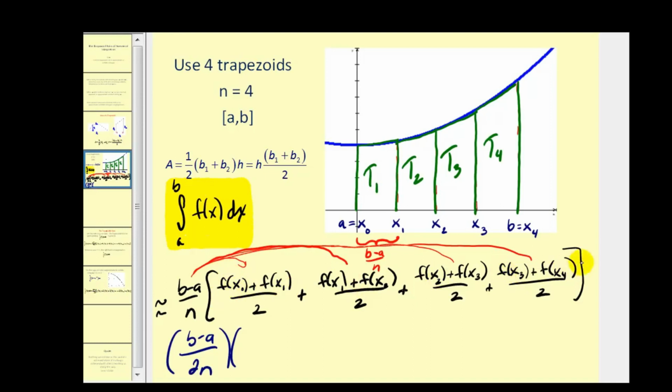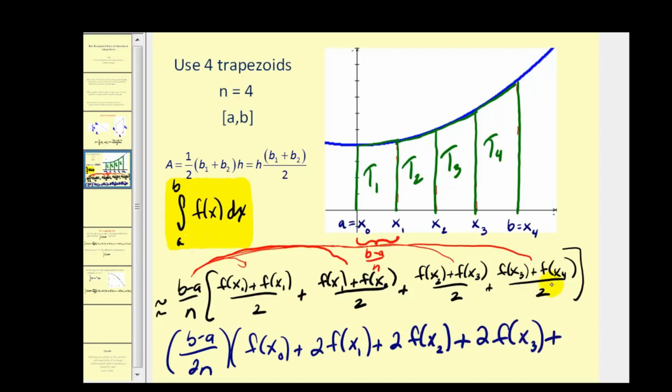So simplifying the numerator, we would have f of x sub 0 plus 2 f of x sub 1 plus 2 f of x sub 2 plus 2 f of x sub 3, and we have 1 f of x sub 4. So I want you to notice the pattern of these coefficients. We have 1, 2, 2, 2, 1. So we'll always start with a coefficient of 1, then we'll have 2's, and we'll end with a 1, regardless of what n is.